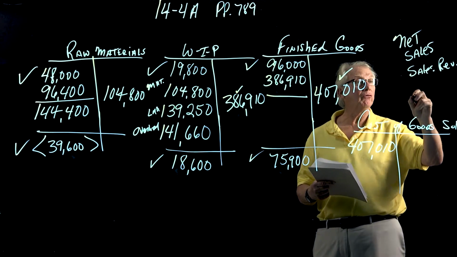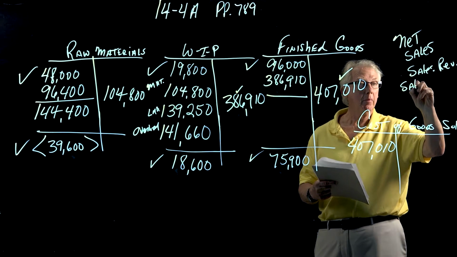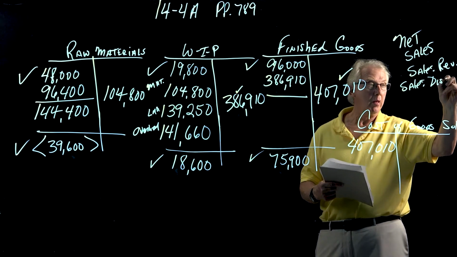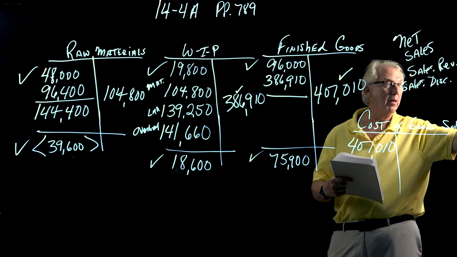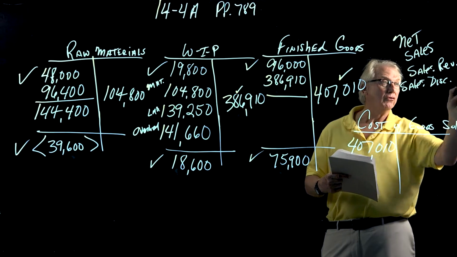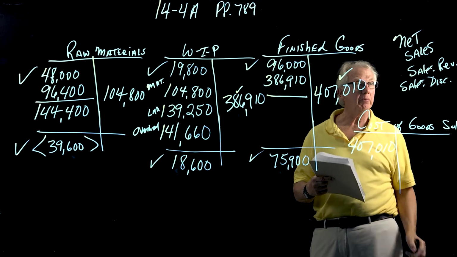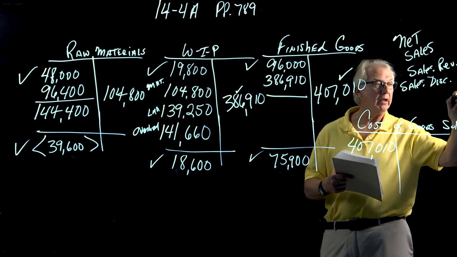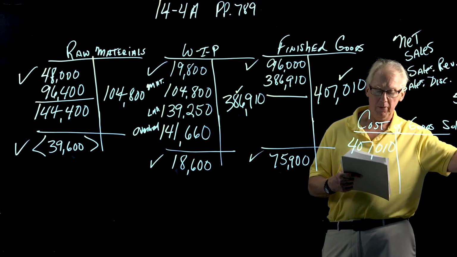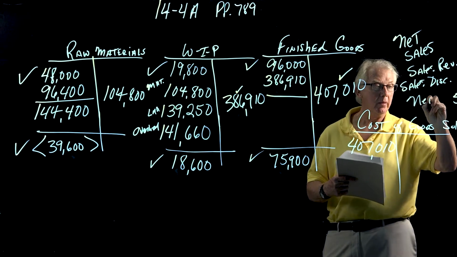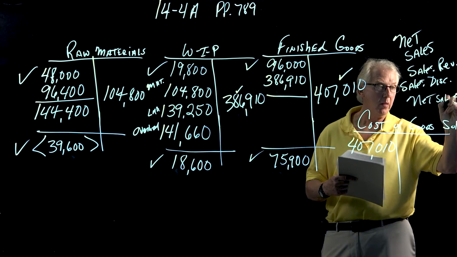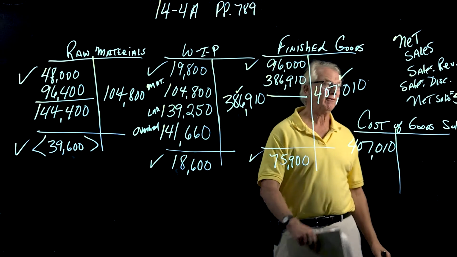And then they give us sales discounts, and that's $4,200. So if we subtract the discounts from the sales revenue, we should get $529,800 net sales.